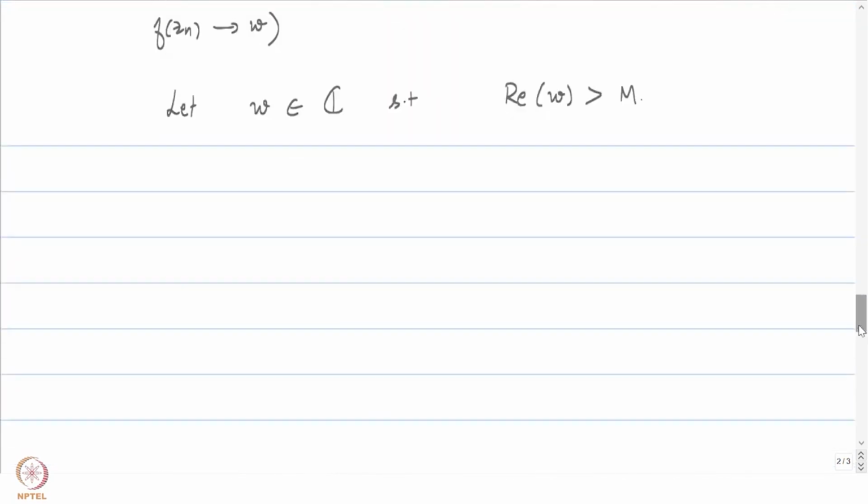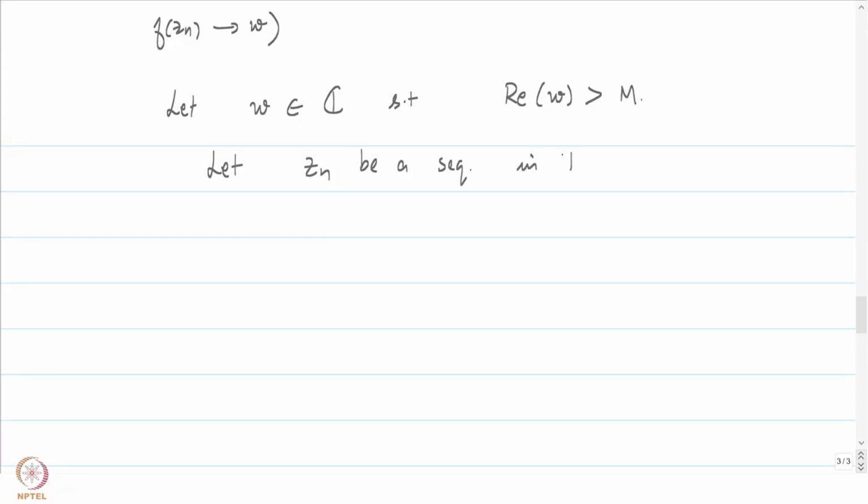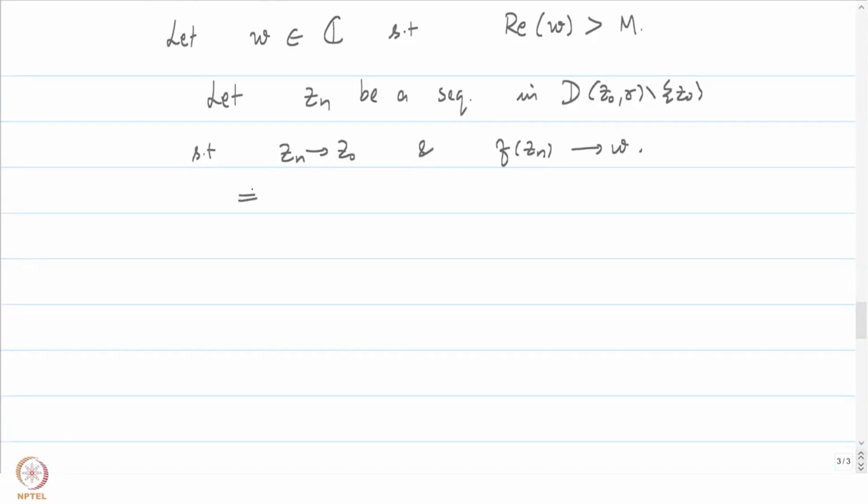And let z_n be a sequence, by the Casorati-Weierstrass theorem, in D(z0, r) minus {z0} such that z_n converges to z0 and f(z_n) converges to W. This is ensured by the Casorati-Weierstrass theorem. This tells us that there exists some capital N by the very definition of convergence.